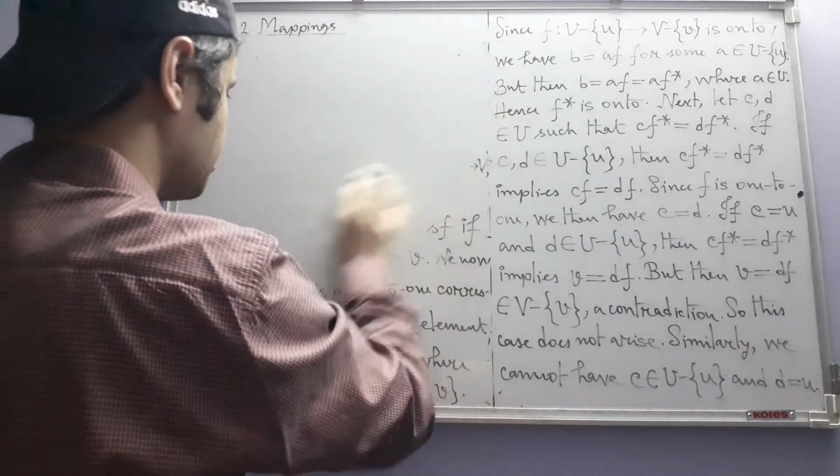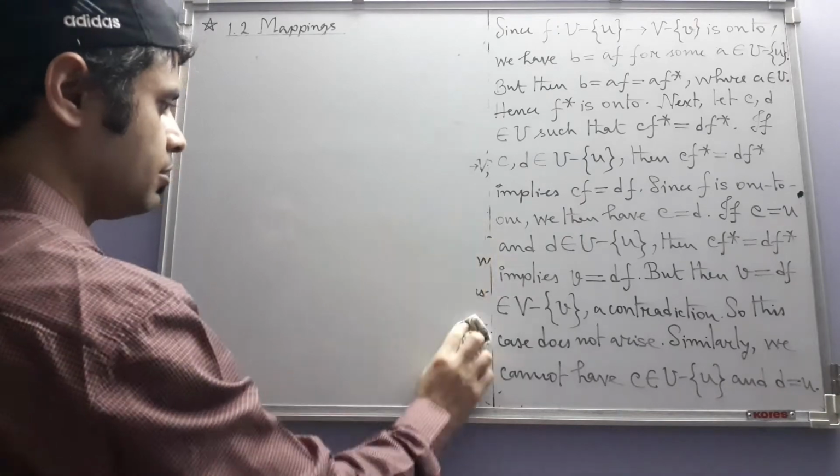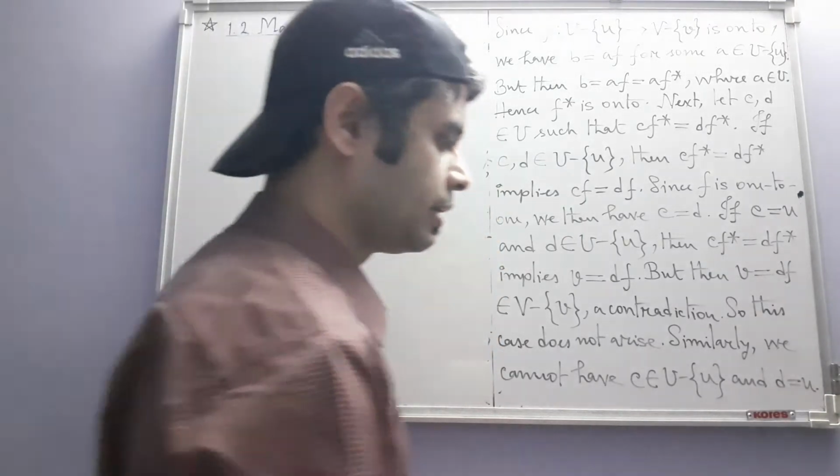And there is only one more case where both C and D are equal to u. But then we automatically have that C and D are equal.